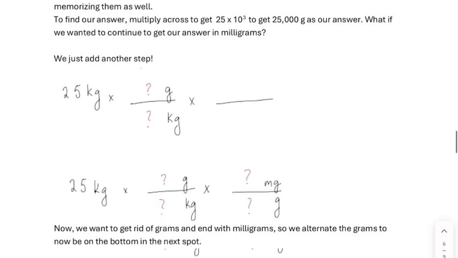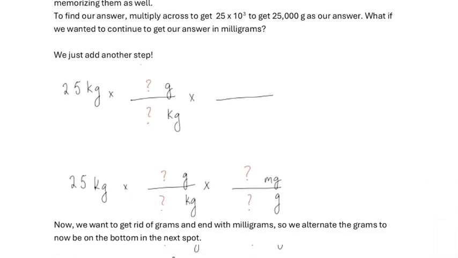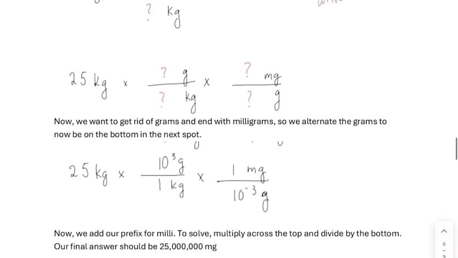If we want to get rid of the grams this time around, the next step, or step 3, will have the grams on the bottom. But the main gist here is that we can't go straight from kilograms to milligrams. Instead, we have to take a quick little pit stop at that central unit of grams. So that is why we need to have 3 steps rather than just 2. So now we can make sure that everything will cancel appropriately and we'll be left with milligrams at the very end.